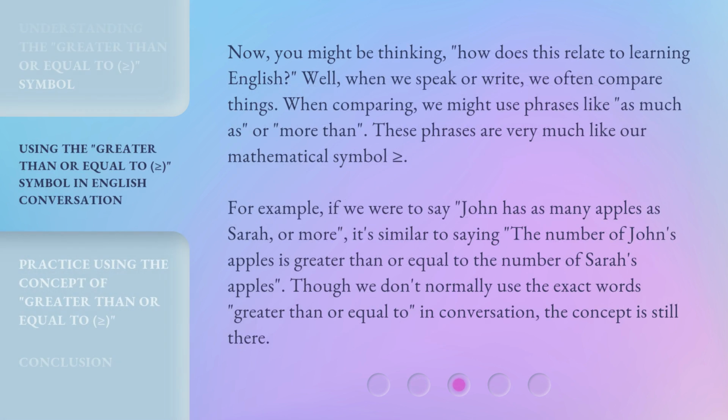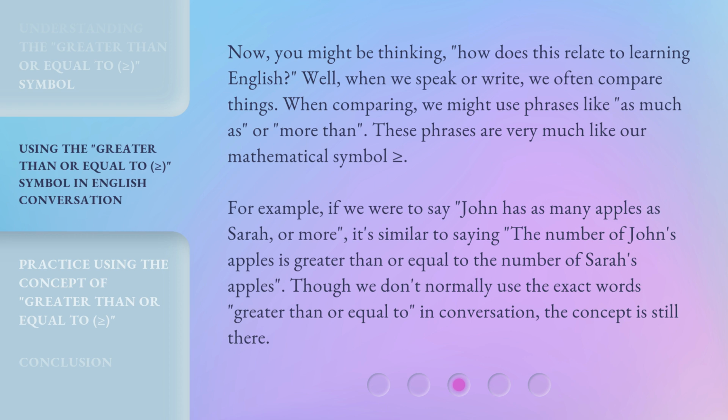Now, you might be thinking, how does this relate to learning English? Well, when we speak or write, we often compare things. When comparing, we might use phrases like "as much as" or "more than."